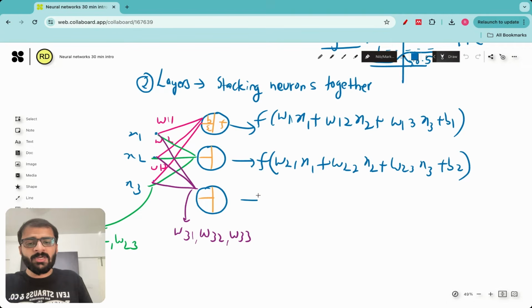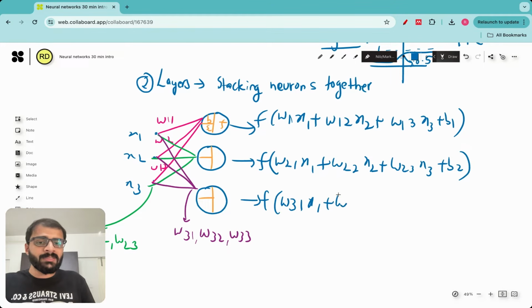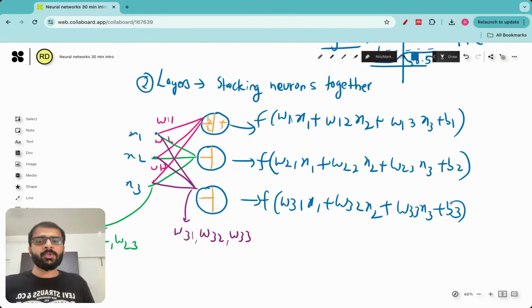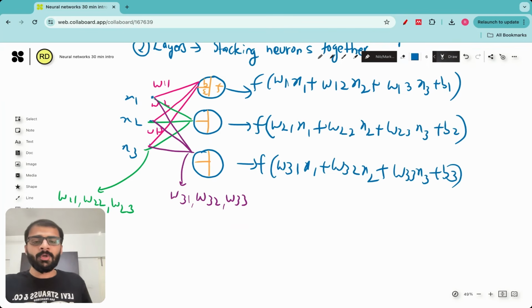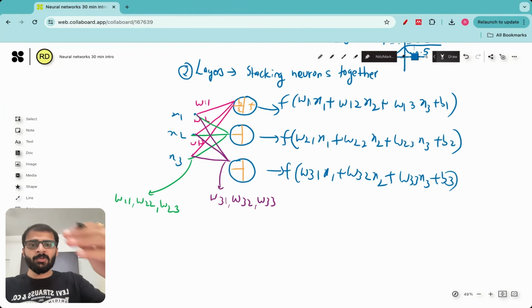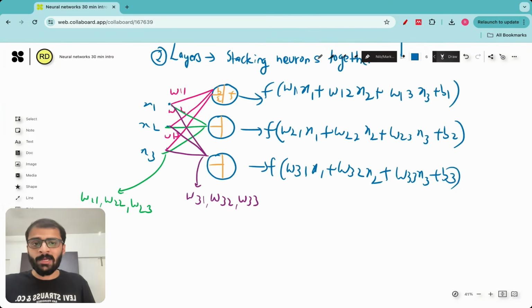And similarly, the third neuron will output f of w31 x1 plus w32 x2 plus w33 x3 plus b3. So every neuron will have one single output associated with it. Correct? So this will be the output of that particular layer.